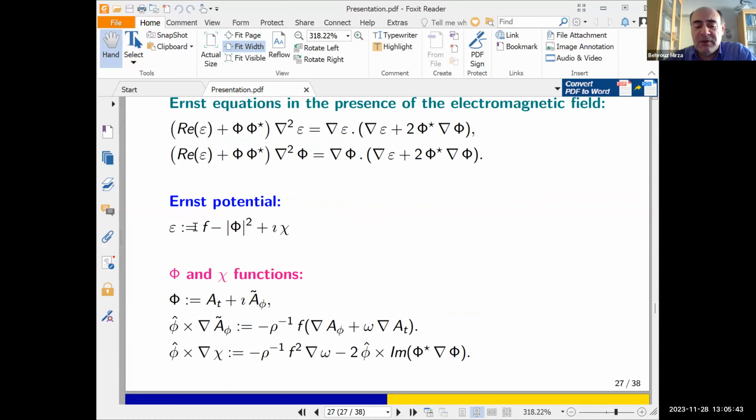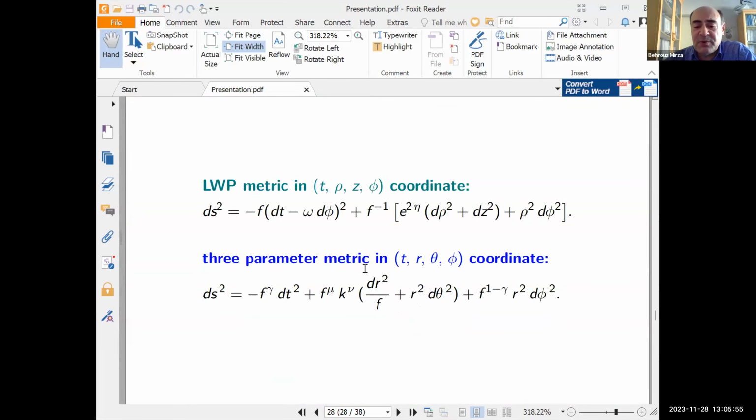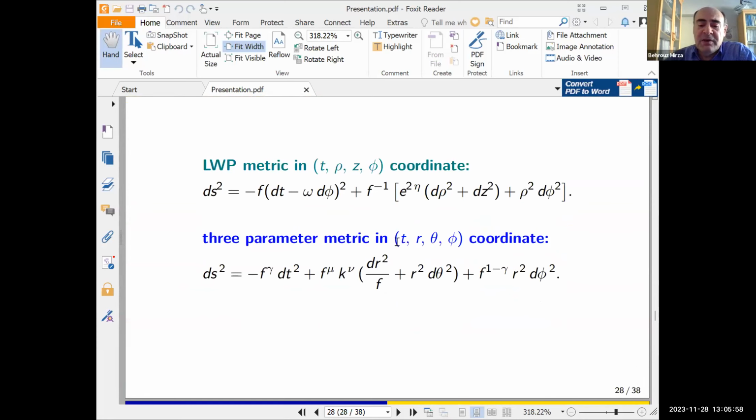The Ernst potential can be defined as you can see here, and A_t and A_phi are vector potentials that we can calculate easily. The Harrison transformation can be done very easily here, and we find the charged form of this metric.